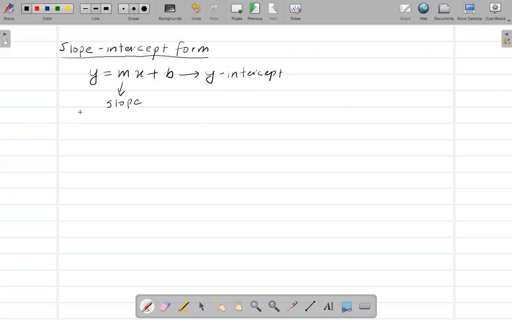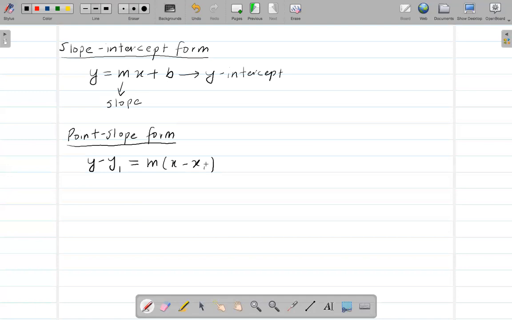Right, and the second one is point-slope form, which is y minus y1 equals m times x minus x1. Again, here m is the slope.